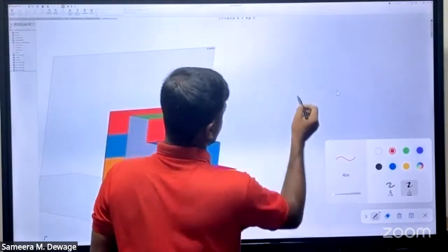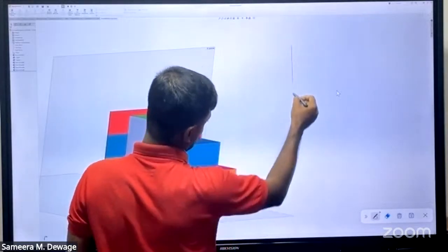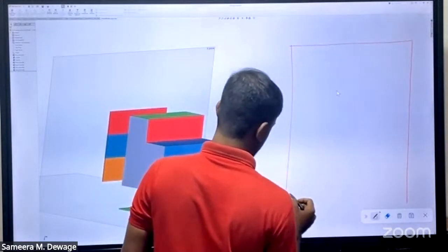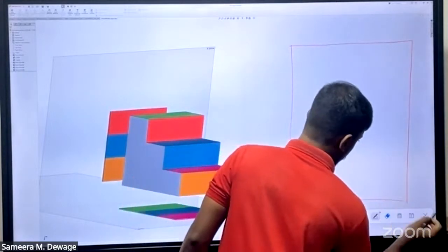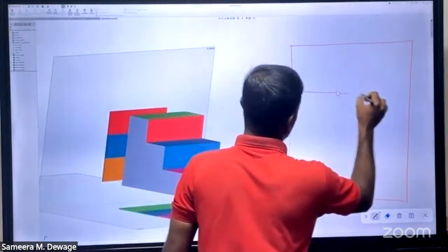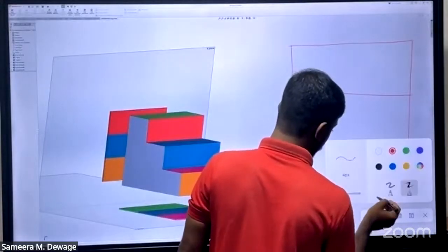Okay. So this is your graph paper. Assume this is your graph paper. So you need to divide your graph paper like this.